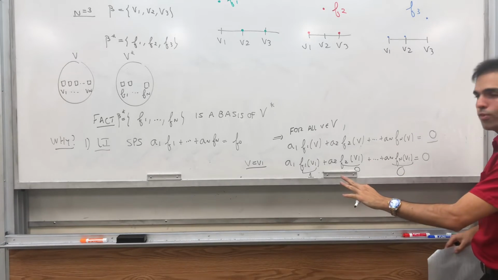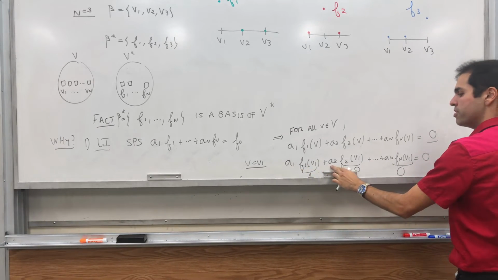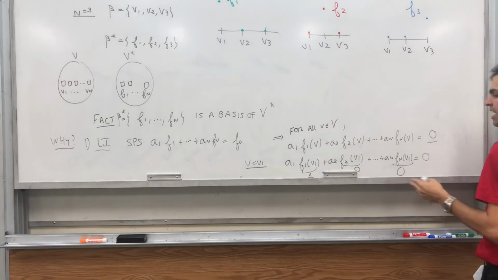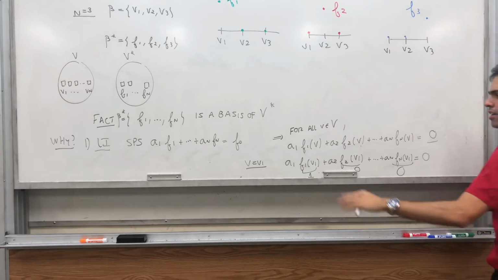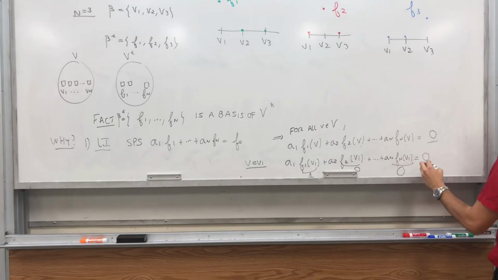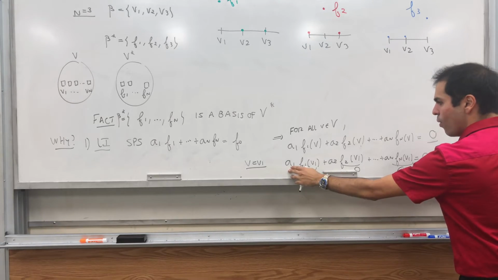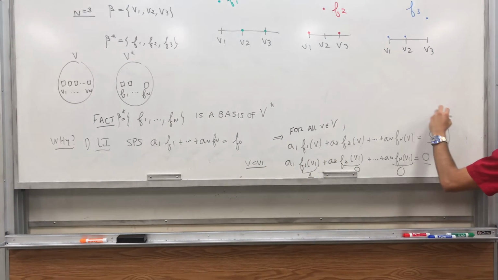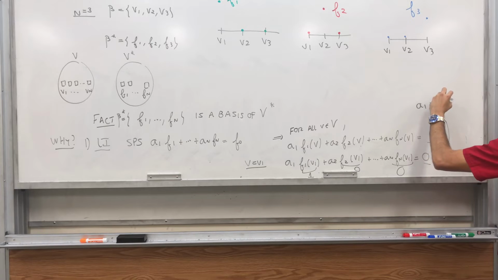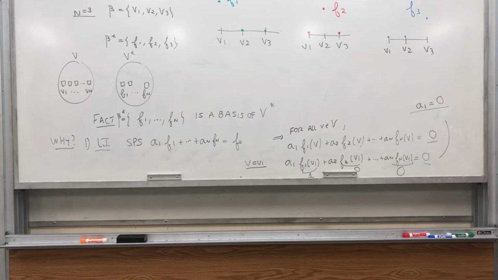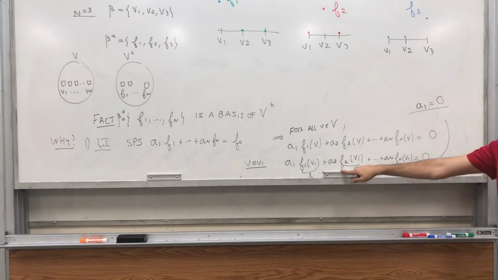And what are we left with? a1 times 1 plus a2 times 0 plus an times 0 equals 0. So the only thing that's left is simply a1 equals 0. By the way, I forgot, here we're in the field, so the zero vector is just the number 0. So a1 is 0, and then you can just continue.